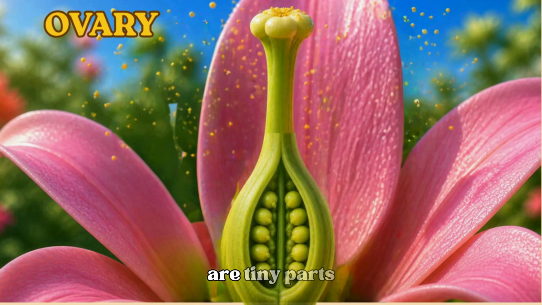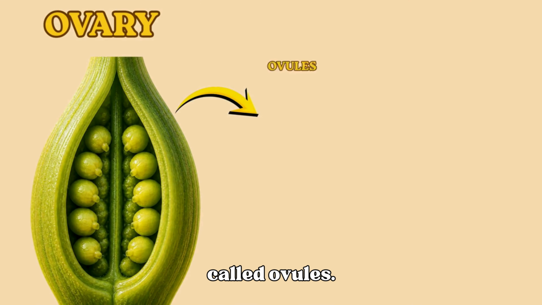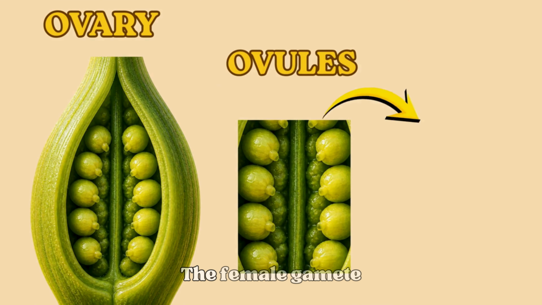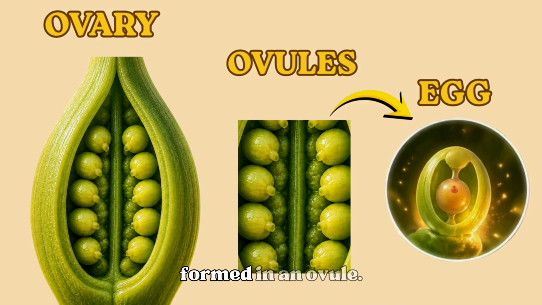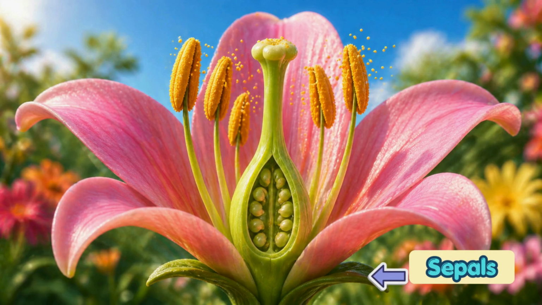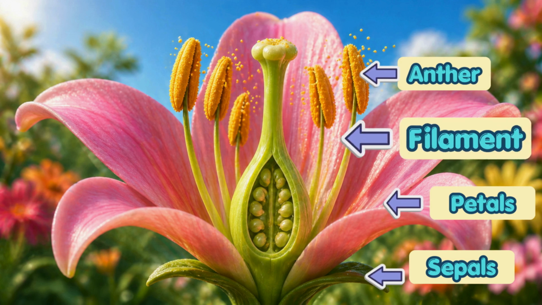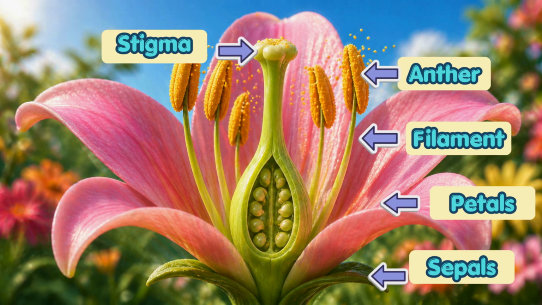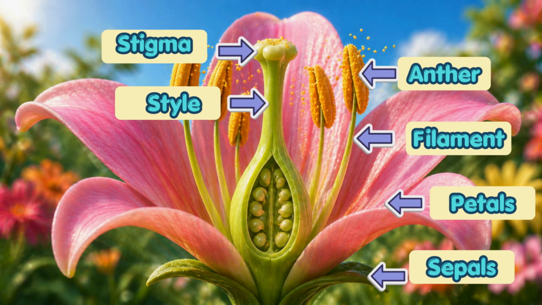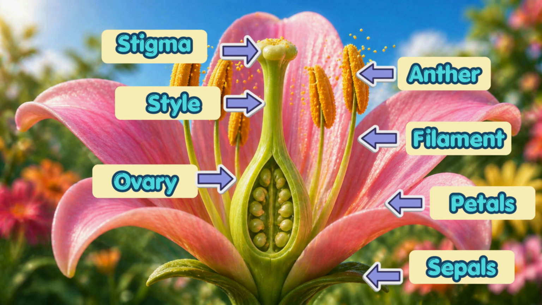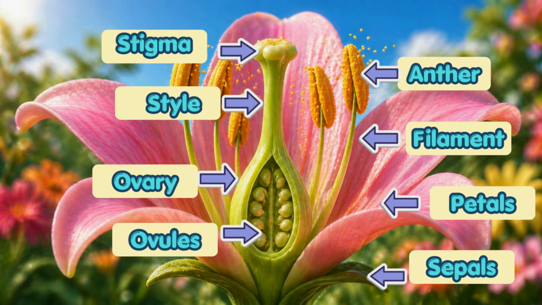Inside the ovary are tiny parts called ovules. The female gamete or the egg is formed in an ovule. Sepals, petals, anther, filament, stigma, style, ovary, ovules.